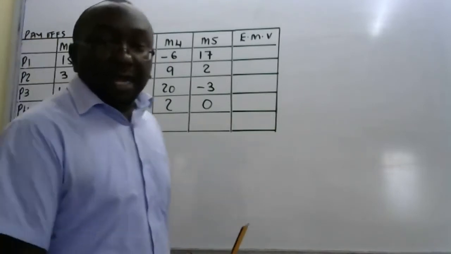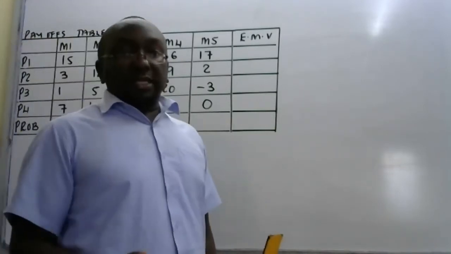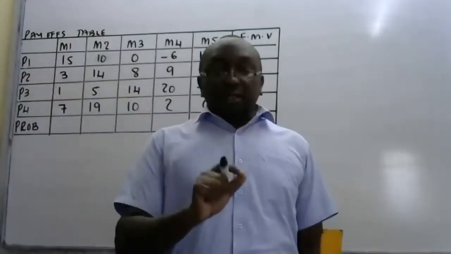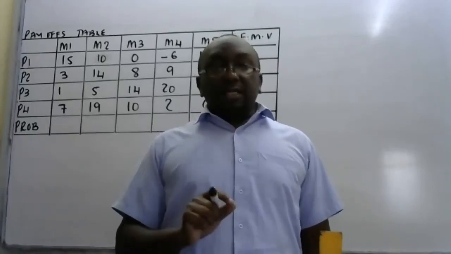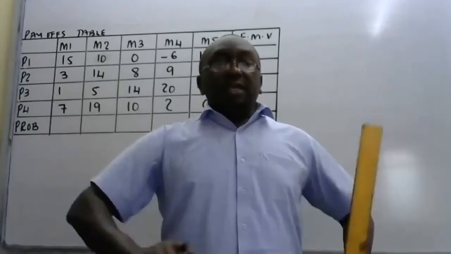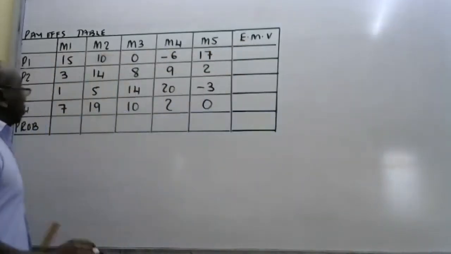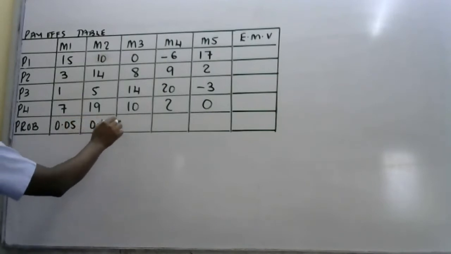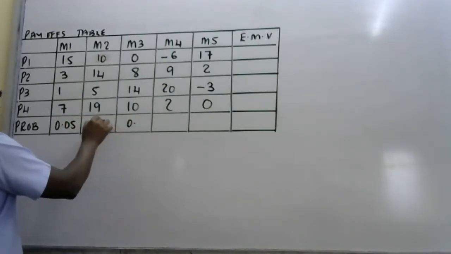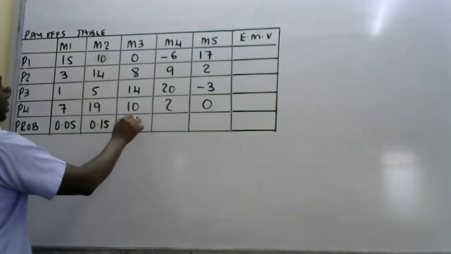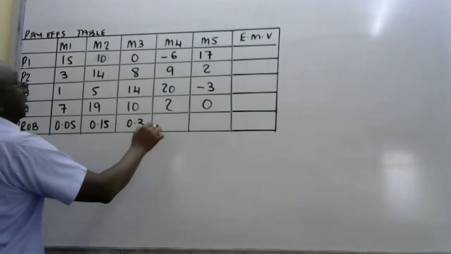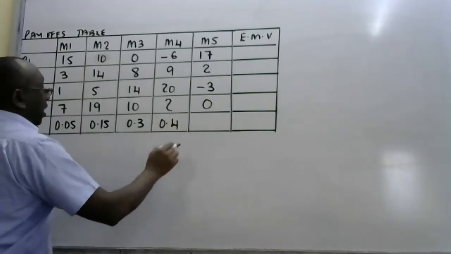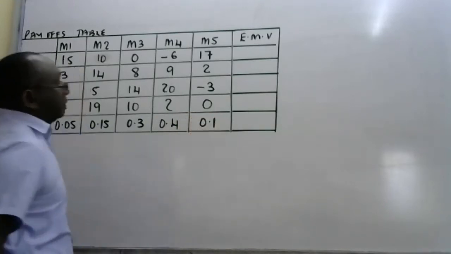We are not given the probabilities, but there are some questions that will be given. So for the purposes of our discussion, I want to assume probabilities so that I am able to take you through everything in the single stage. So this one I can give it 0.05, this one 0.1, 0.15, 0.3, 0.4, and this will be 0.1.